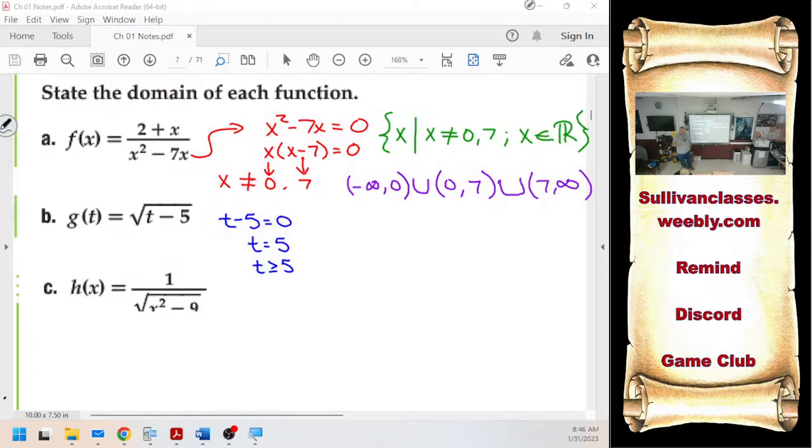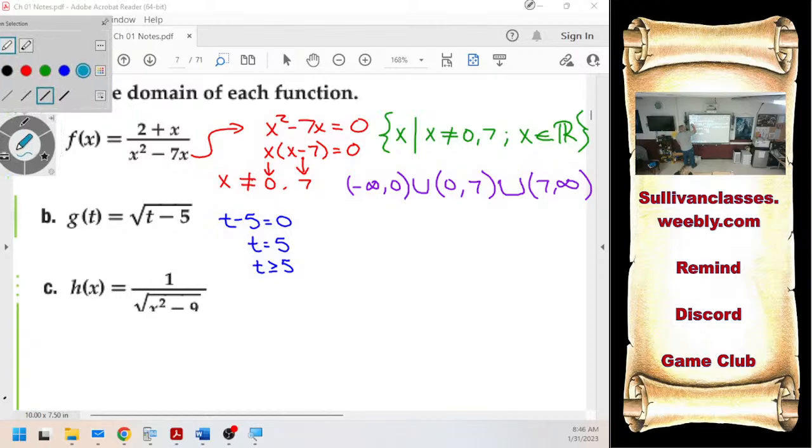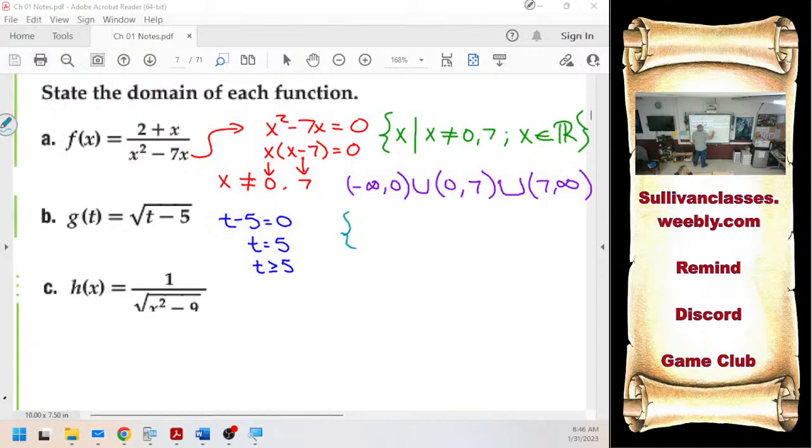How do I write that in set builder and interval notation? In set builder, we say all x's such that, what's my rule? Just that, right? Oh wait, these aren't x's. All t's such that t is greater than or equal to 5.